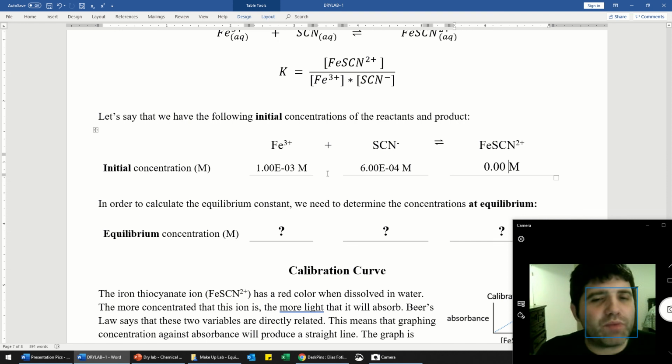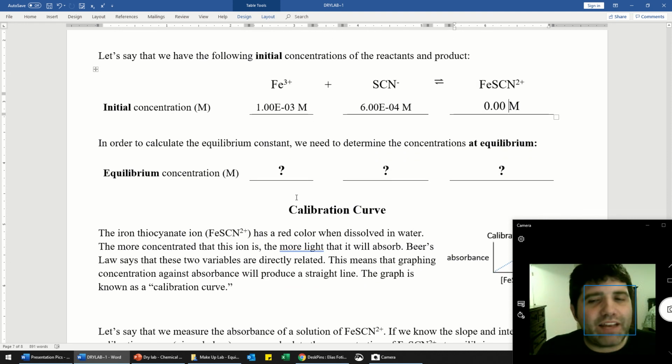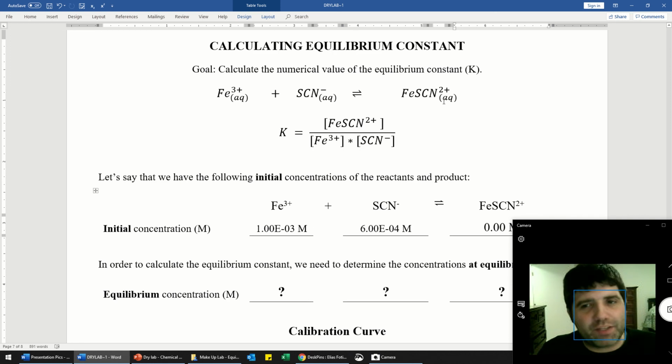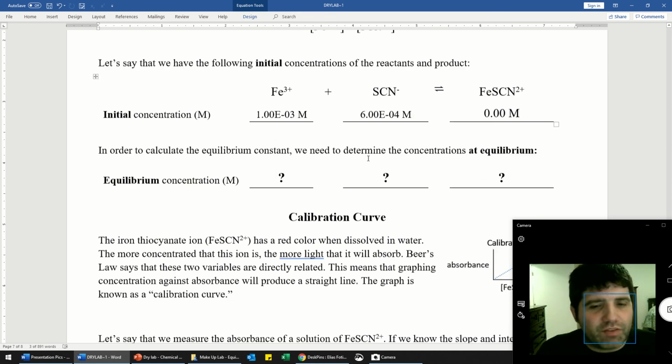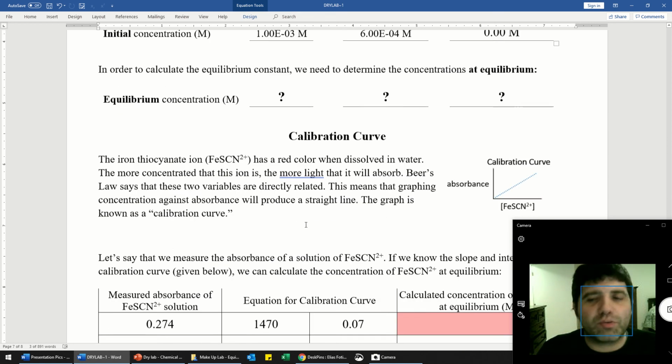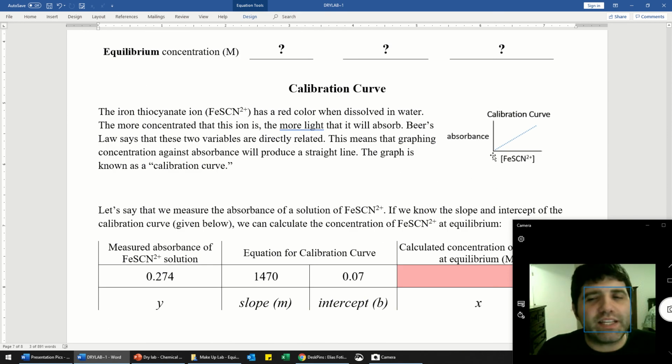So the way that we would have done this in lab is that to figure out the concentration, we talked about how that ion, this product right here, is red. So what we can do is generate a graph of concentrations versus absorbances. And this was something that we did last semester. So if we measure the concentration of FeSCN2+ and plot it against absorbance, we get a straight line.